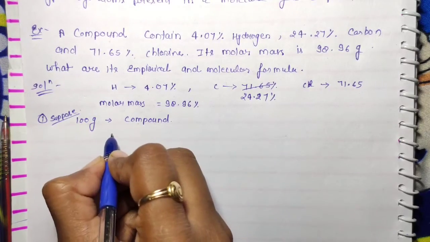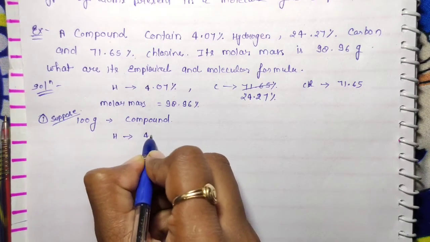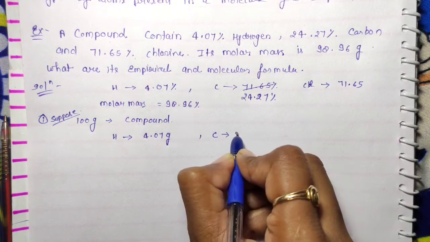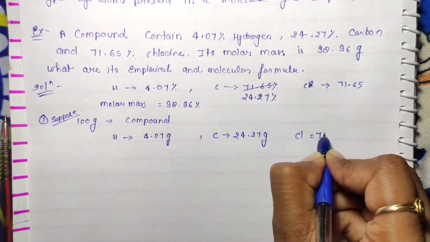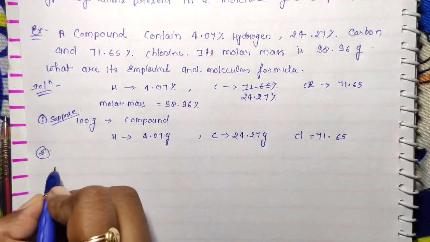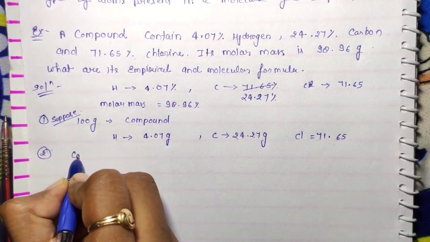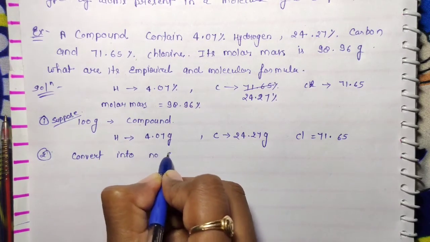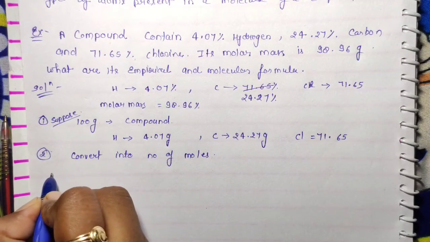So in this 100 gram compound, hydrogen will be 4.07 gram, carbon will be 24.27 gram, chlorine will be 71.65 gram. In the second step, we will convert this gram into number of moles. How will we calculate?